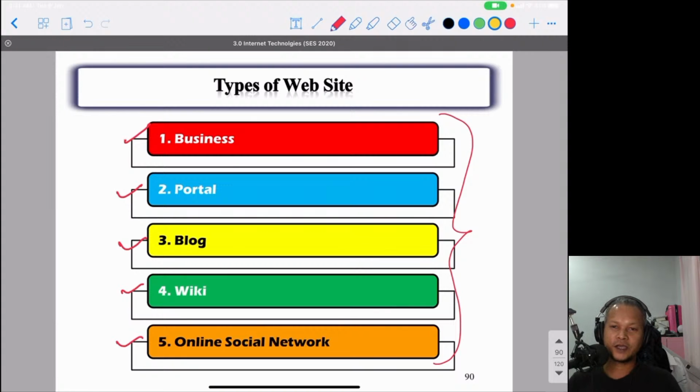So actually we have too many website types, so you need to differentiate them from the other websites. This is easy, not too much to remember. You just identify the content and the purpose of the website, so you know the type of website.